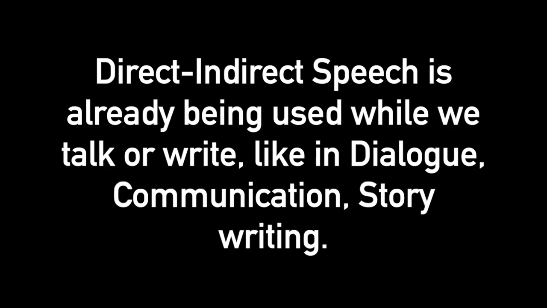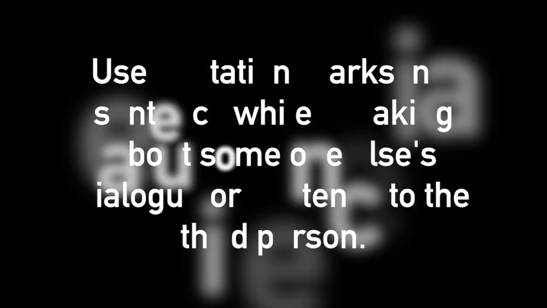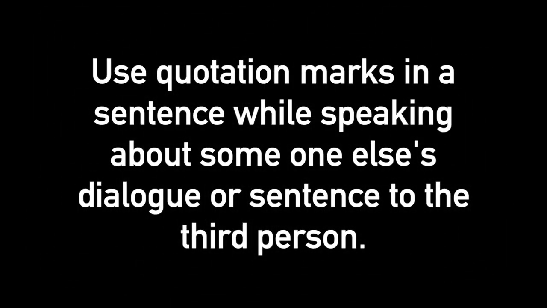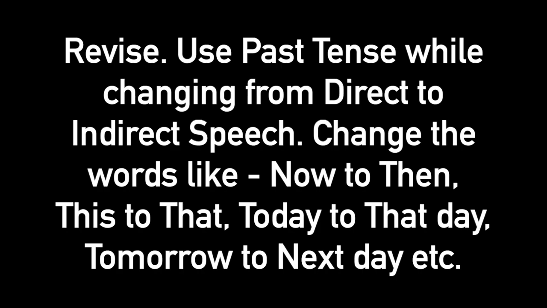And when you're writing also, for example in stories, we use either direct speech or indirect speech. And also remember that when you are quoting somebody's sentence to another person, word for word, then we always use quotation marks because it is another person's speech, not ours.